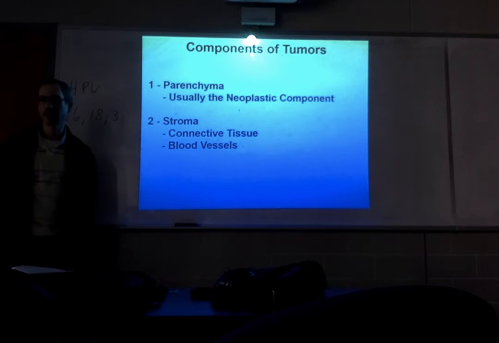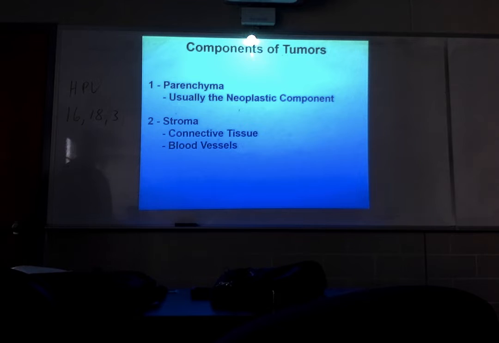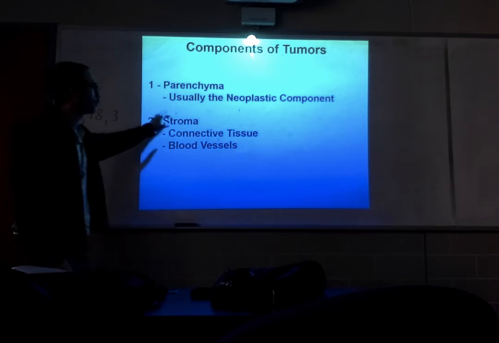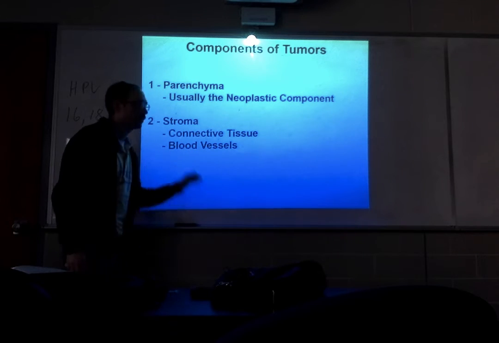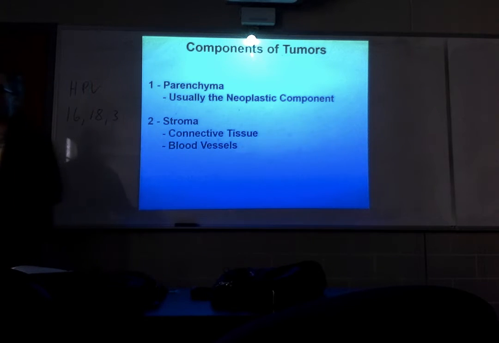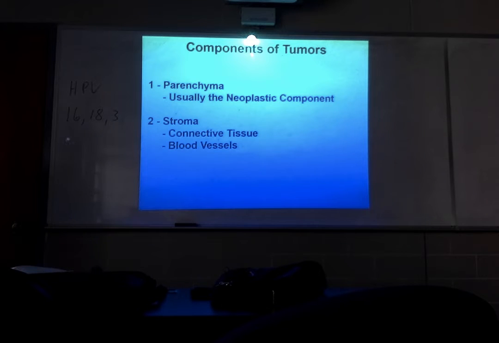So in this context, using these terms to describe the components of a neoplasm, the word parenchyma refers specifically to the neoplastic component. The stroma refers to all the supportive tissues, the blood vessels, the connective tissues. Now, one thing you'll find very different about parenchyma and stroma between normal tissue and neoplastic tissue.